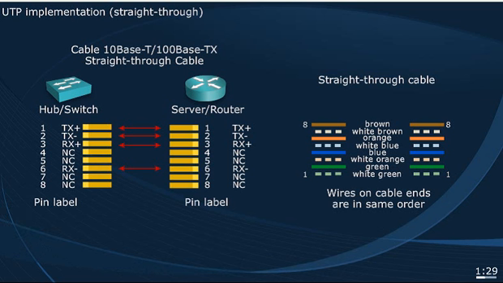I could have straight through Cat5 UTP, but I could in fact have a different kind that is pinned out radically differently. That's called a crossover cable. So I could have the exact same rating of cable, same type of cable, but it could be pinned out differently.